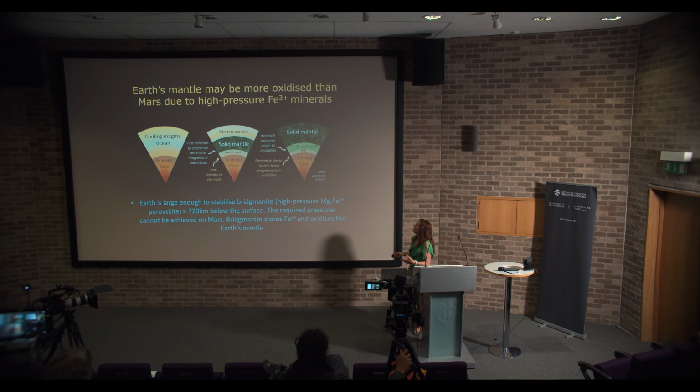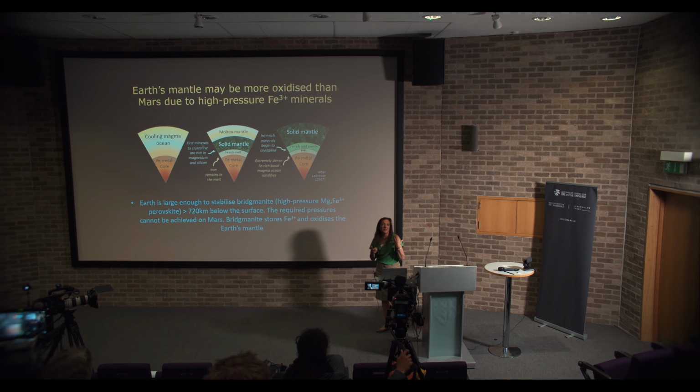One possibility comes from the Earth's size. And this is a unique perspective that we get from the Earth that we don't get from smaller planets such as Mars. The large size of Earth means that we can stabilize certain high-pressure silicate mineral phases, such as bridgmanite, in which oxidized iron 3+, rusty iron, partitions.